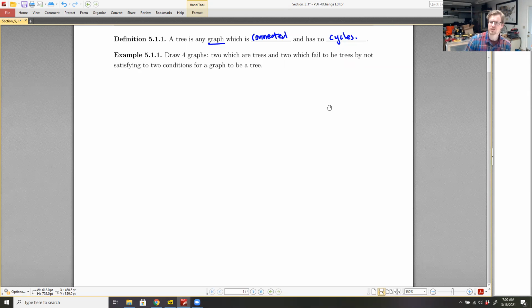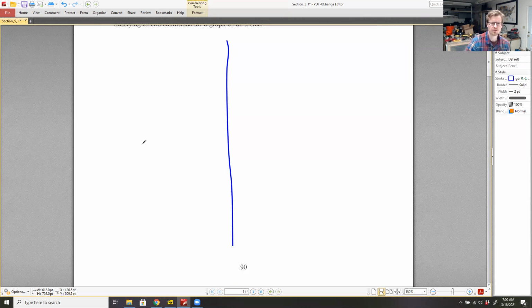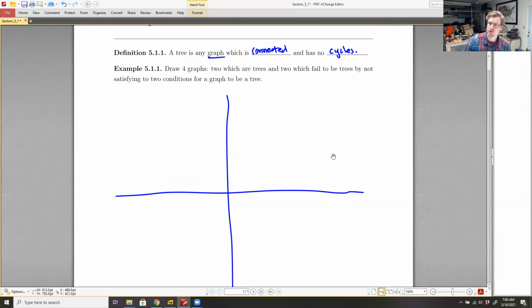So what does this look like? Well, there's still a bit of variety here. There are a lot of different graphs that we can end up with. So let's take a look at just a few examples where some of them are trees and some of them are not.